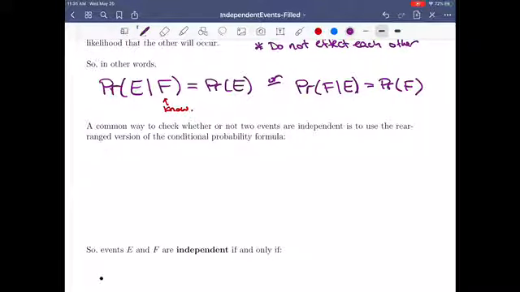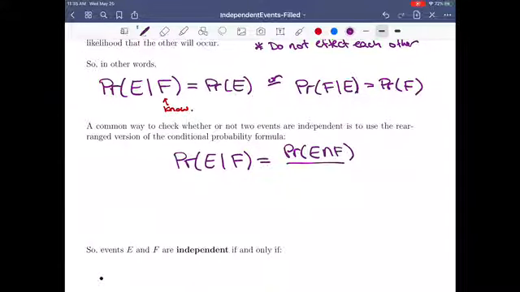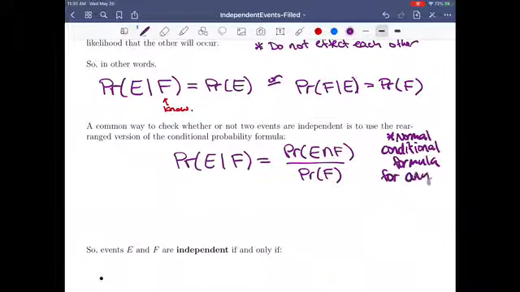Remember the formula: the probability of E given F is equal to the probability of E intersect F divided by the probability of F. This is the normal conditional formula for any events.